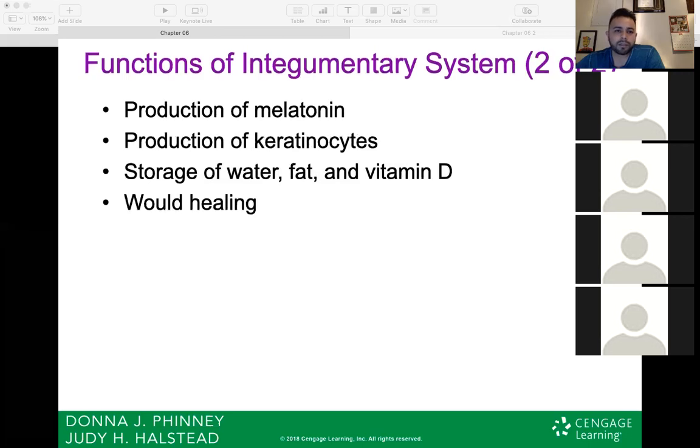Also it produces melatonin, and produces keratinocytes. We'll go over what all that means in a second. Storage of water, fat, and vitamin D, and it also helps with wound healing.